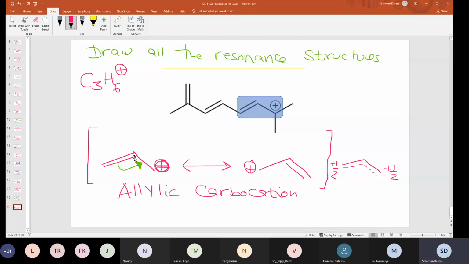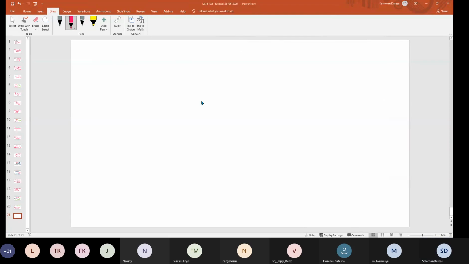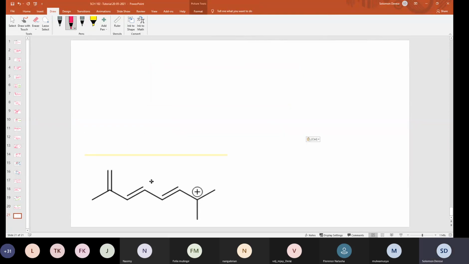Double bond, then you have a carbon-carbon single bond. On that one, you have a positive charge. Then these are the two resonance forms of that. I want you to recognize that. Now, let us go and look at this molecule. Okay, so I will just draw it.